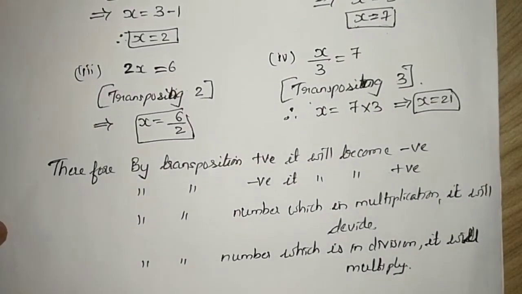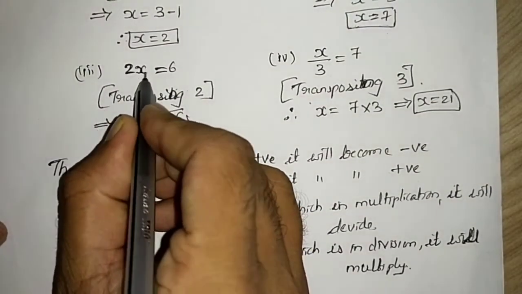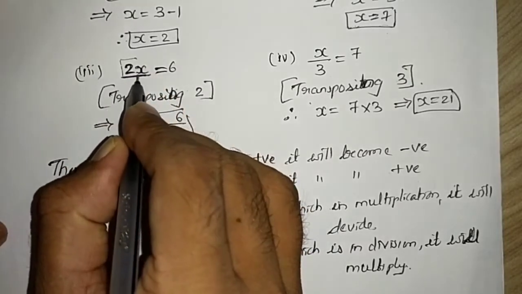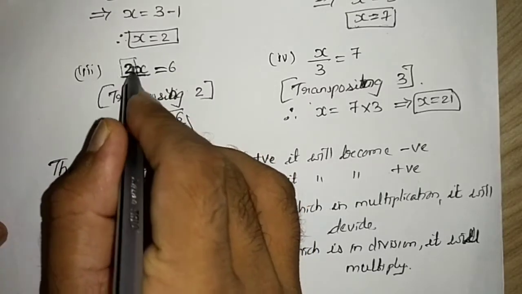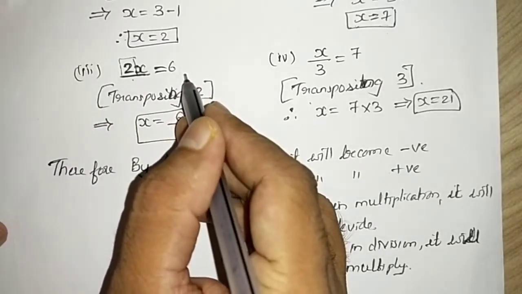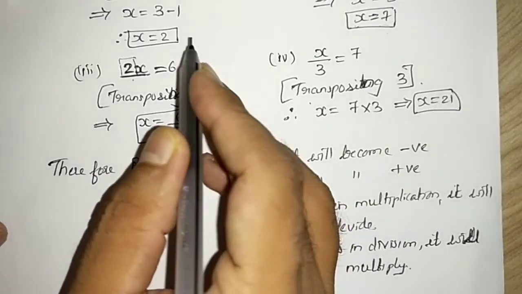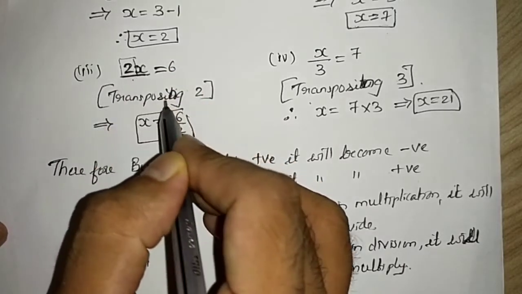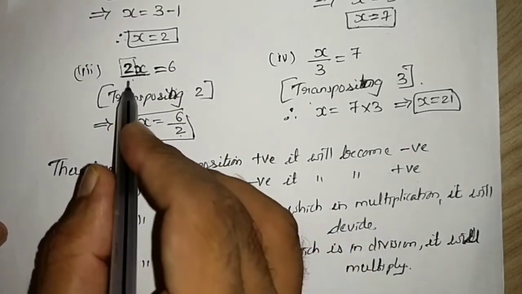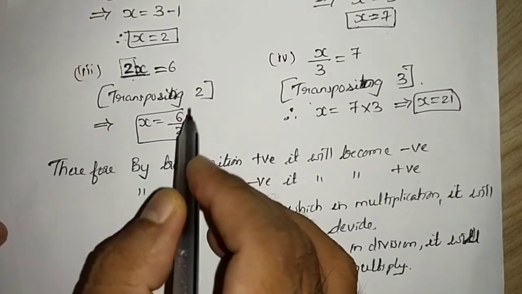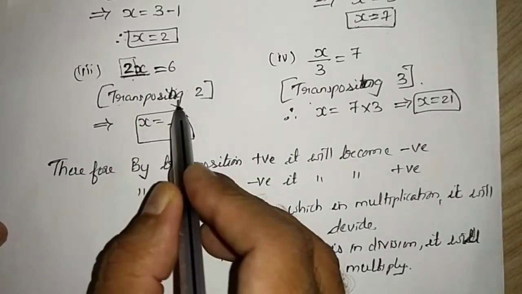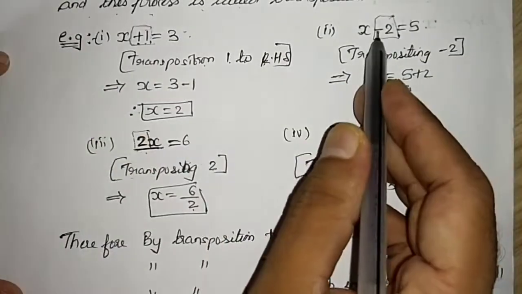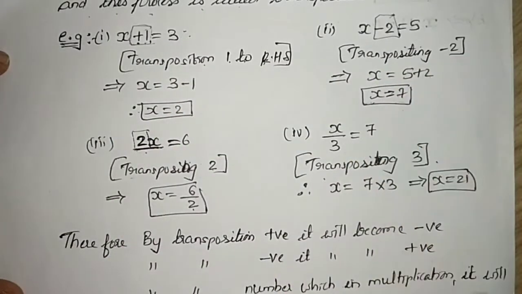Now if the term is in multiplication with the variable and you want to take it to the RHS side, or from the RHS side to the LHS side, it will go that side and divide. So if it is in multiplication, it will divide while going to that side. So we will write transposing 2. Here the sign will not change. Sign will change for plus and minus only. Plus will become minus and minus will become plus.